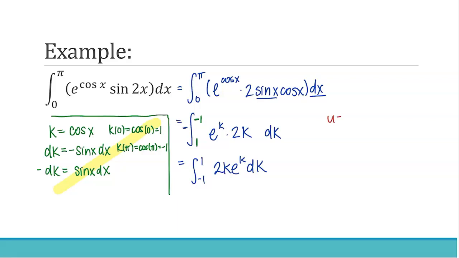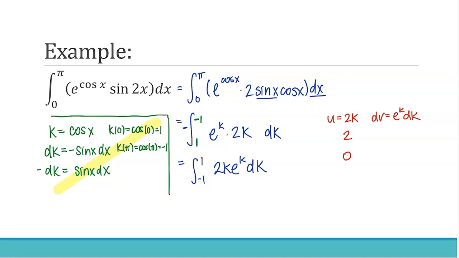So I'm going to let u equal 2k, and then dv equals e to the k dk. All right, so the derivative of 2k is 2. The derivative of 2 is 0. So I can stop there with my left column of my table.